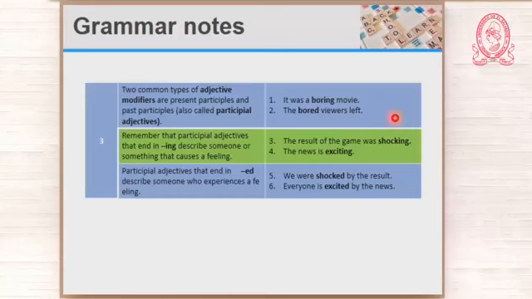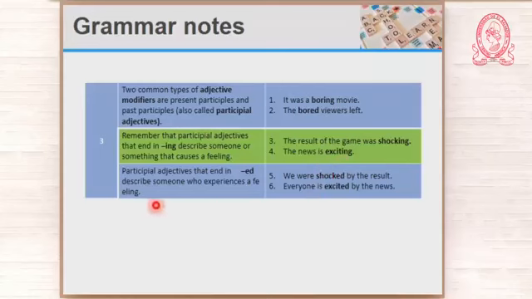It causes a feeling. Okay, it caused a feeling. It was shocking. The news is exciting. So you feel excited when you listen to the news. The news causes something. What is that? It excites. So the news is exciting.